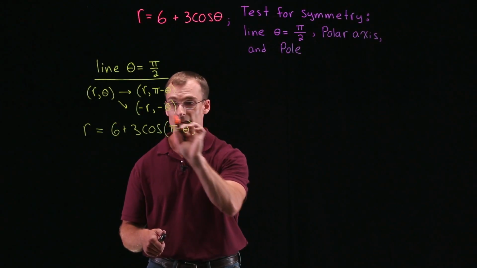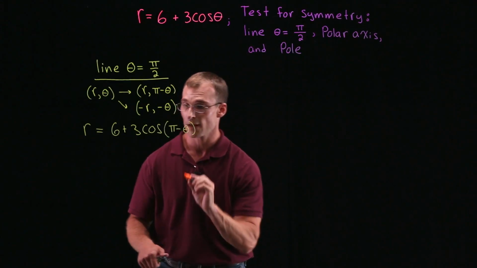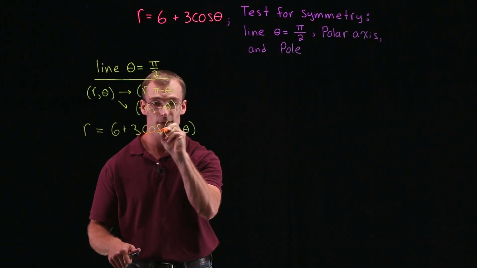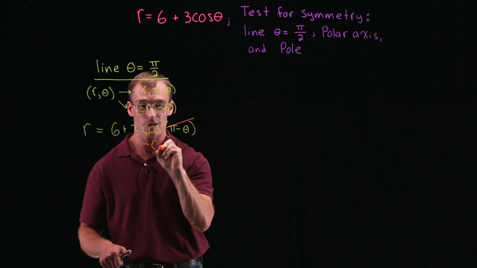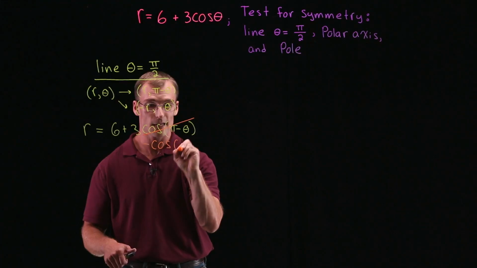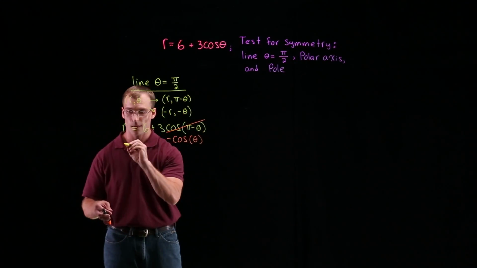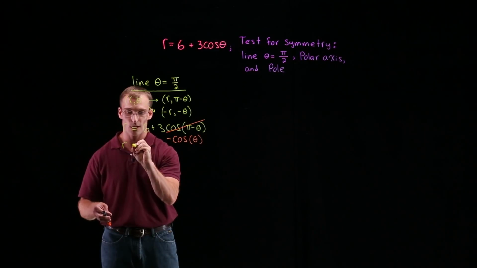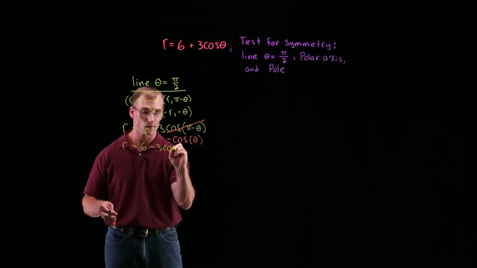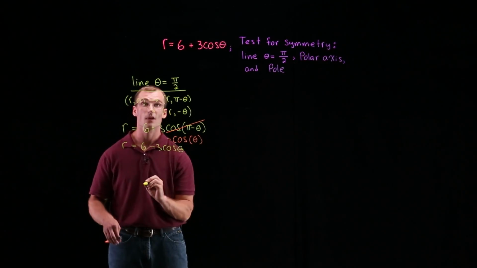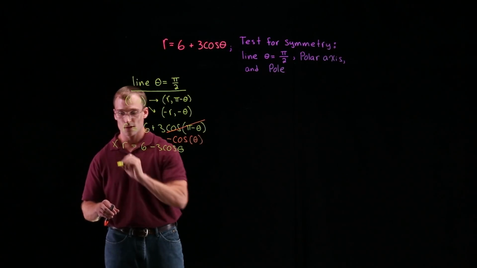So we think of the graph of cosine theta shifted to the left by pi, which gives us the graph of negative cosine theta. That means we have r equals 6 minus 3 cosine theta, which is not the same as our original. So this one is not going to work.